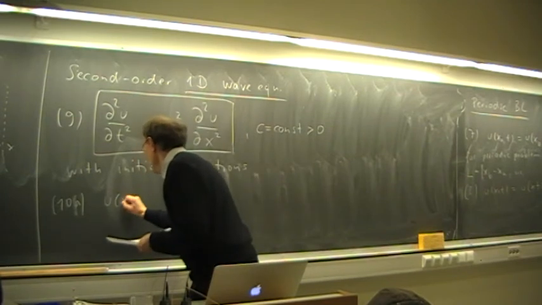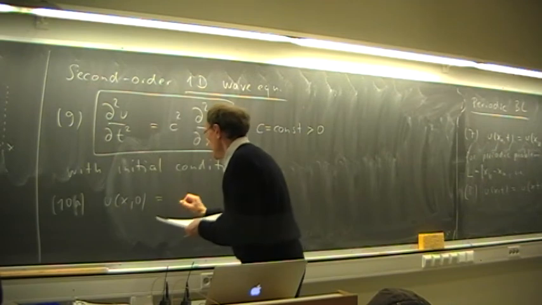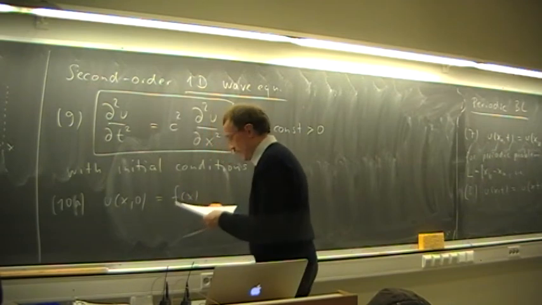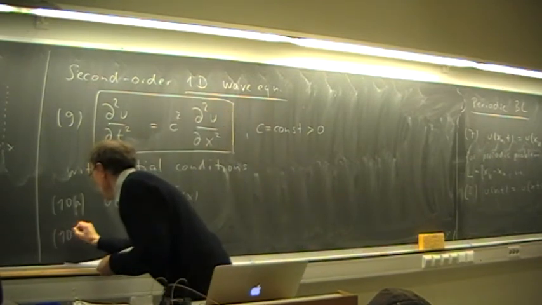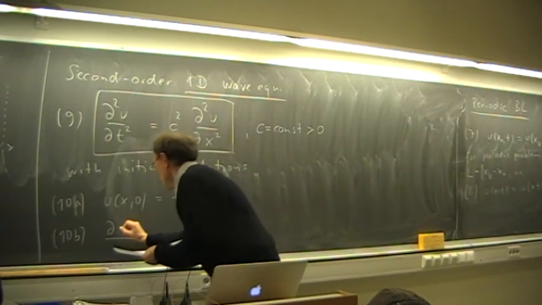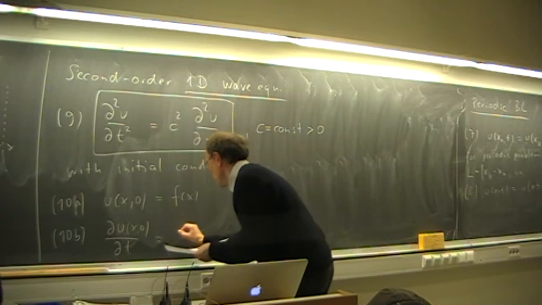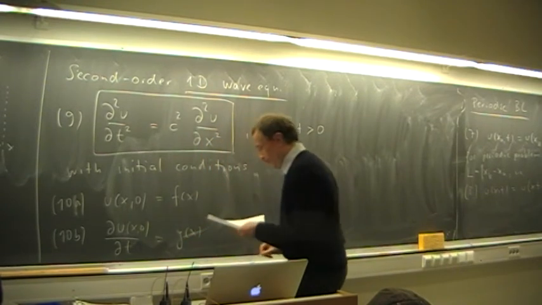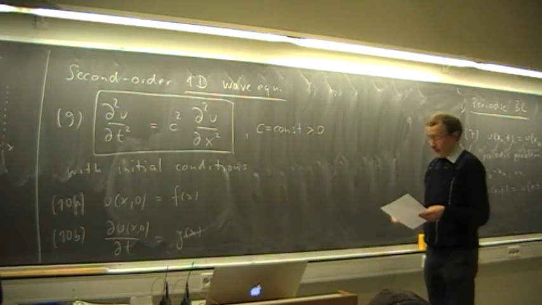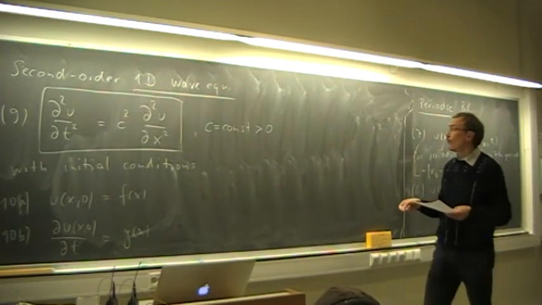Turns out that we need an initial condition at t equals 0, called f of x, and an initial condition for the first time derivative of u with respect to t, which we call g of x. And that describes the propagation of waves.